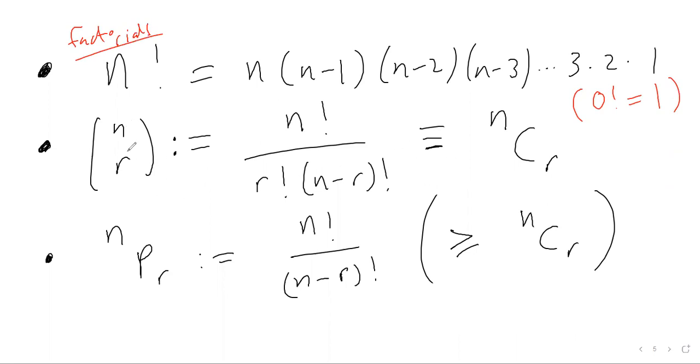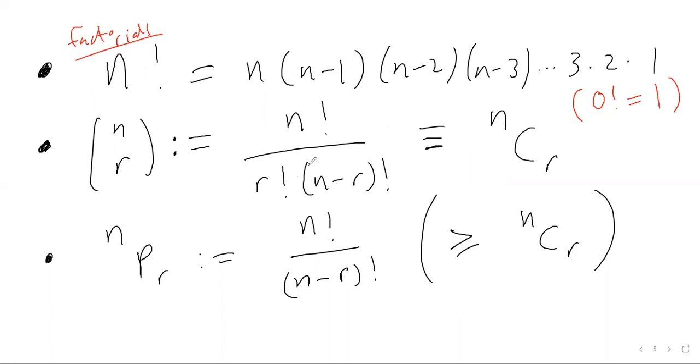You've also got this n r in a vector kind of notation, or this nCr. So n choose r is how you say it in English words. It denotes the number of ways that you can choose r things out of a total of n things.